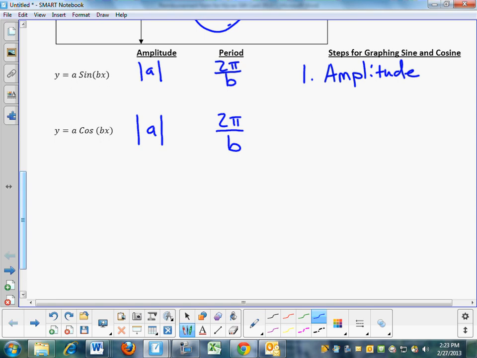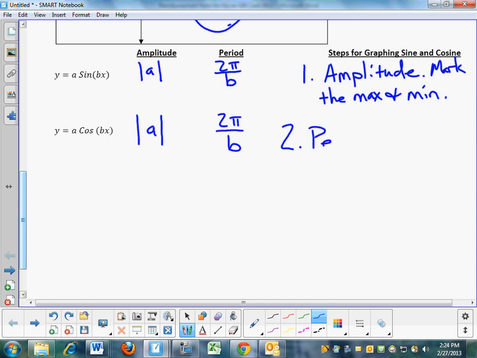And a lot of people, when they see these, they're wondering, where do I start? Here's where you start. Amplitude. Once you find the amplitude, mark the max and the min. Mark the maximum minimum spots on the y-axis. After you have that, then we go to number 2.